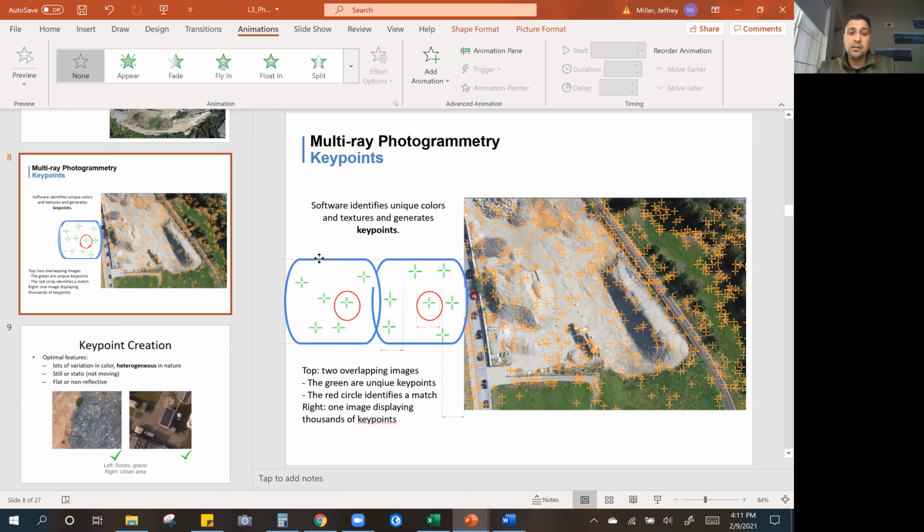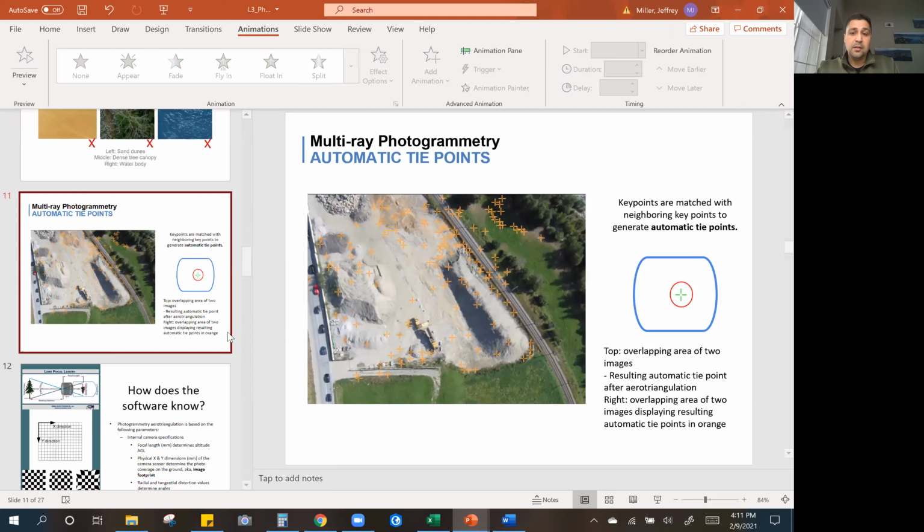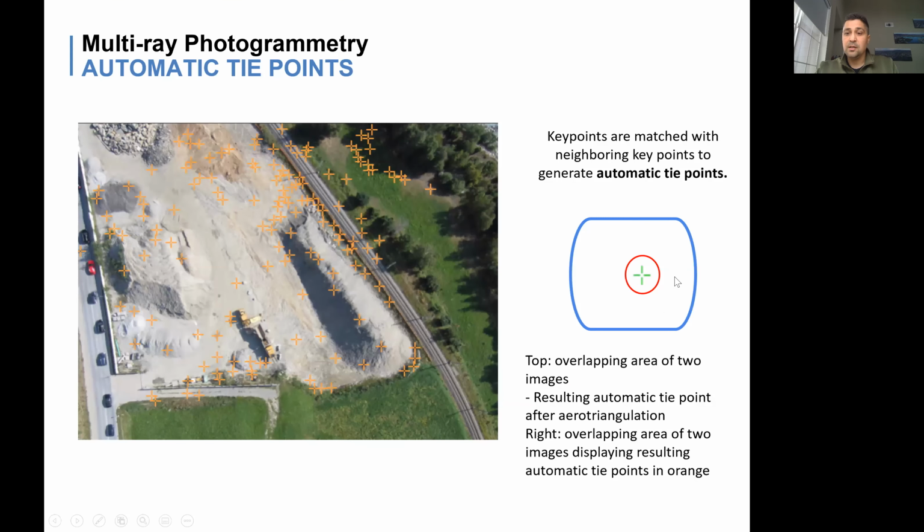Now, if we fast forward to this portion of the processing, we end up with one singular result. And I'm not saying we end up with one photo. After all of the key points are generated, the next part of this photogrammetry process is to actually perform the matching of the two things and triangulate where exactly these things exist in space.